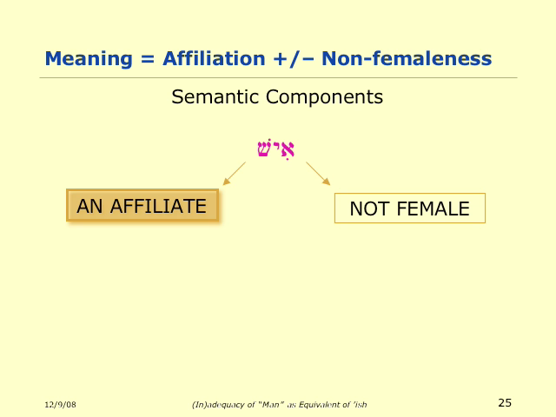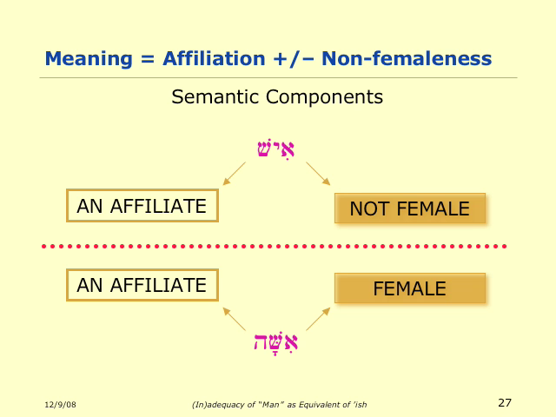Now, this slide says "not female" rather than "male" gender in order to reflect how biblical Hebrew operates. Hebrew grammar divides the animate world into two categories: marked, or female, and unmarked, not female.